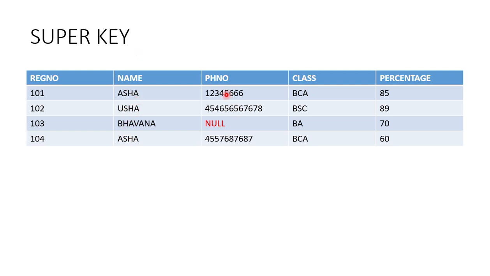Coming to the phone number, the phone number also will be unique, plus it can have null values. That means some people may not have a phone number, so we keep it as null. But there is no student without a name, so it should be not null. Here the register number should also be not null, because when you want to write the examination, you should have the register number.